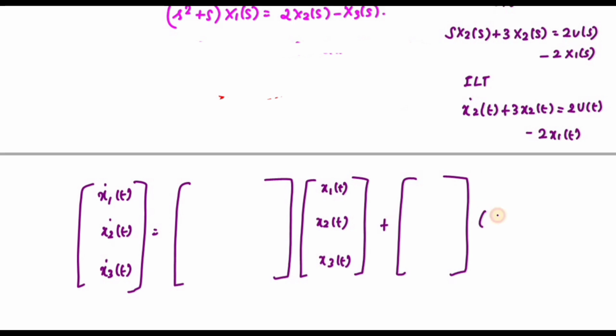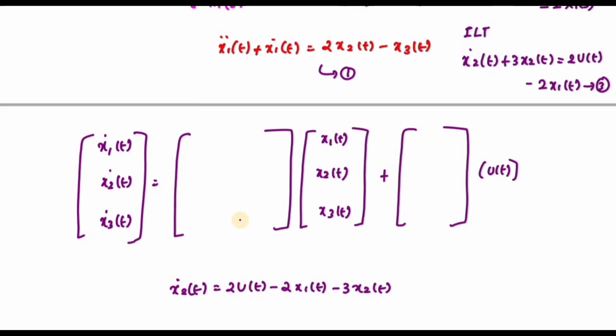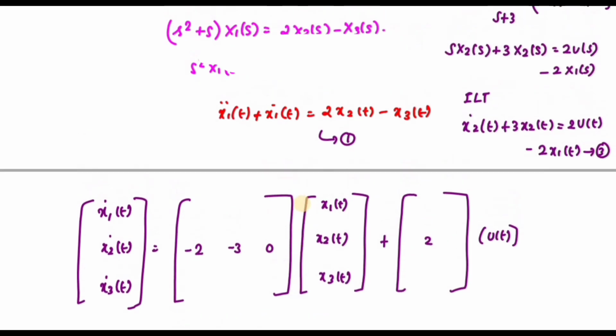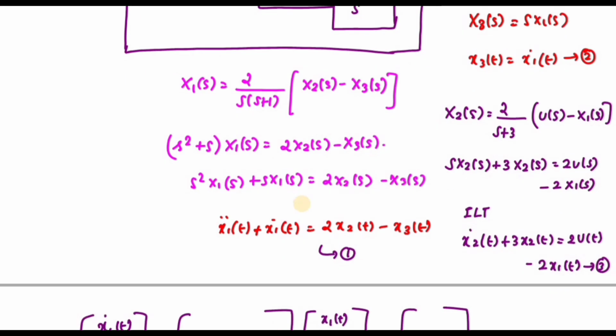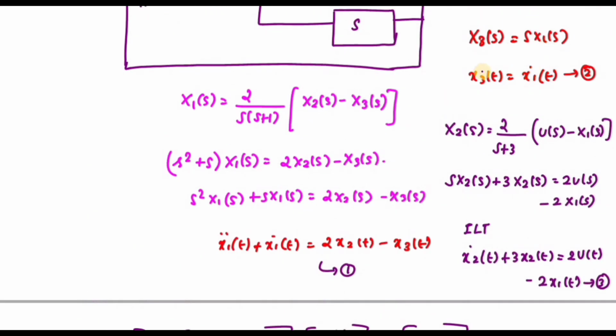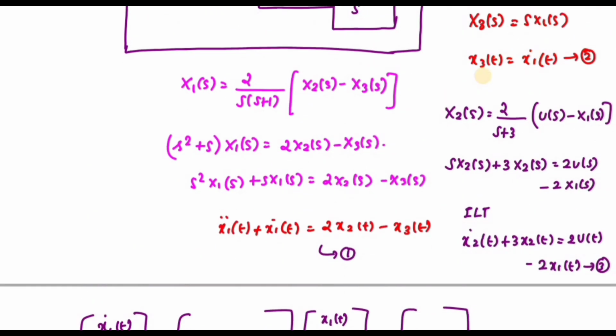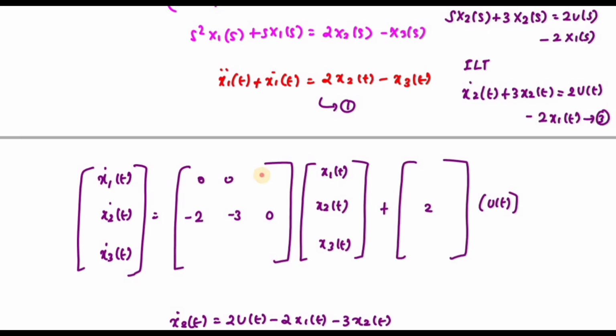This is how it is. Okay, 2 minus 2 into x1(t) minus 3 into x2(t), 0 into x3(t), and you have 2 here. Next, from the second equation, I can write this is 1. So you will get 0, 0, 1, and u(t) also 0.